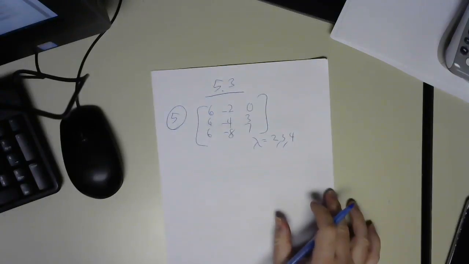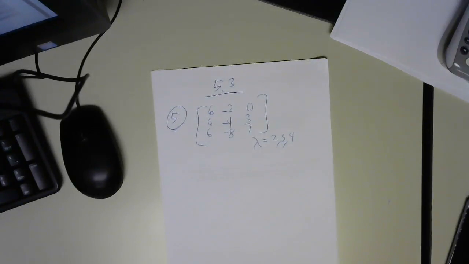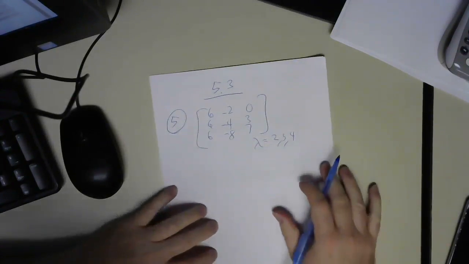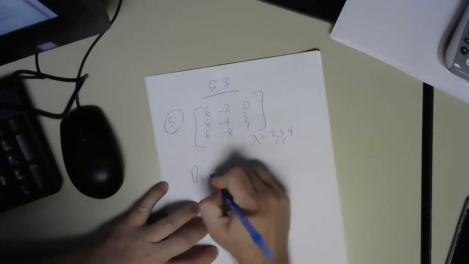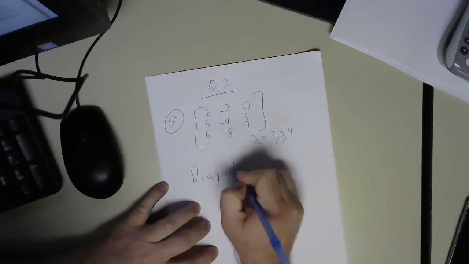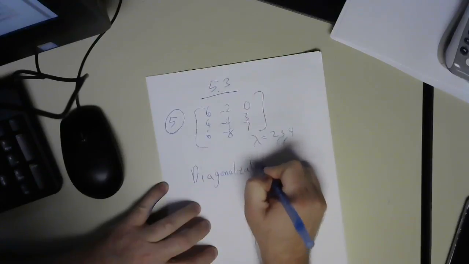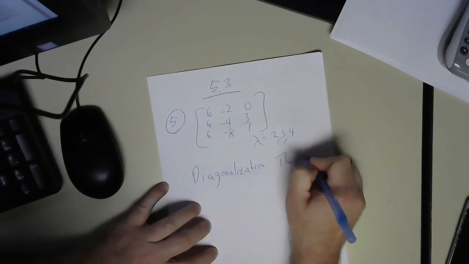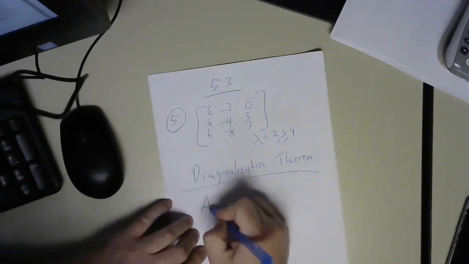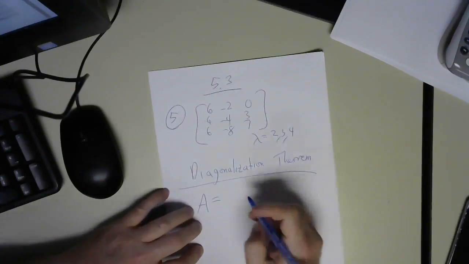Okay, so let's recall the big theorem in this section. It's the diagonalization theorem, and it says this. It says A can be written in the following form.